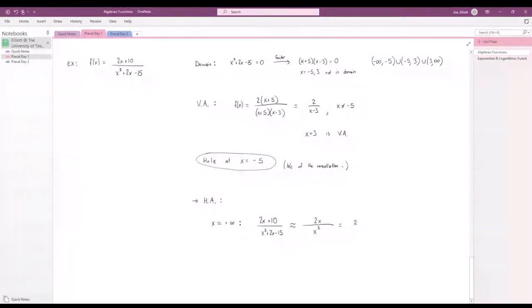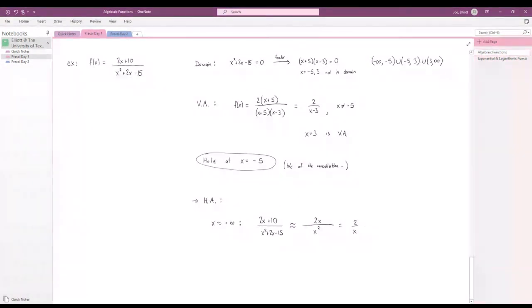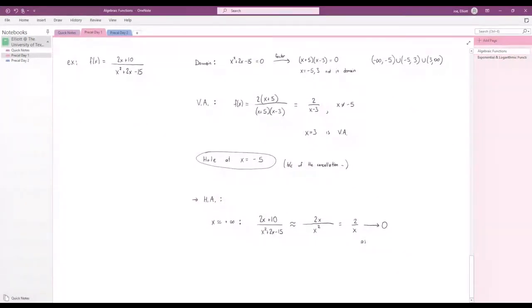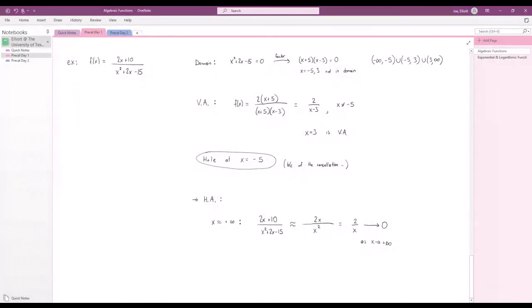So your function behaves like the function 2 over x when x is large. The larger the x gets, the closer this gets to 0. So it's that idea that your function is approaching 0 as x is approaching infinity. That indicates that you're going to have a horizontal asymptote at y equals 0.